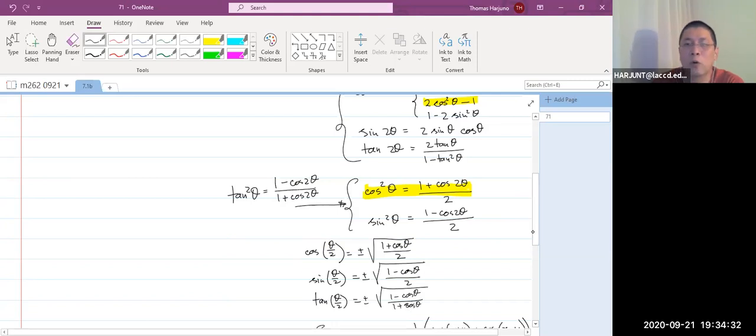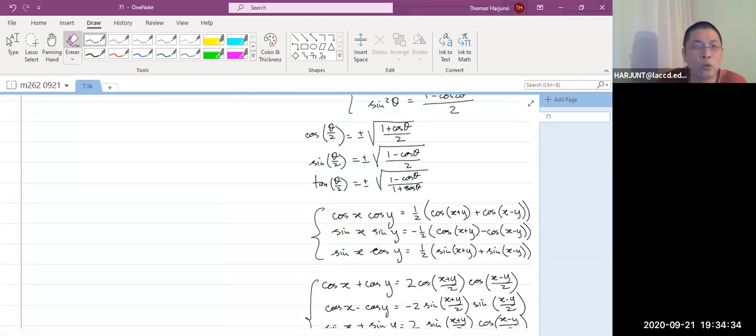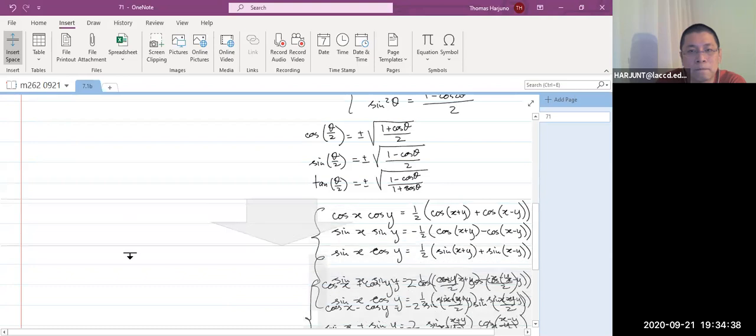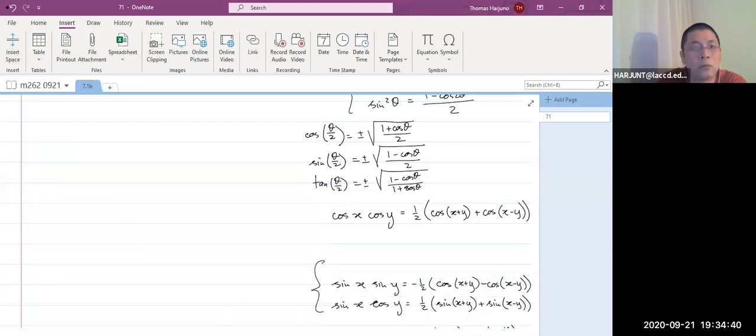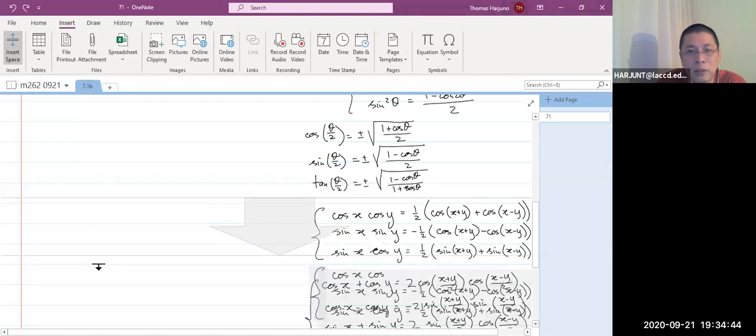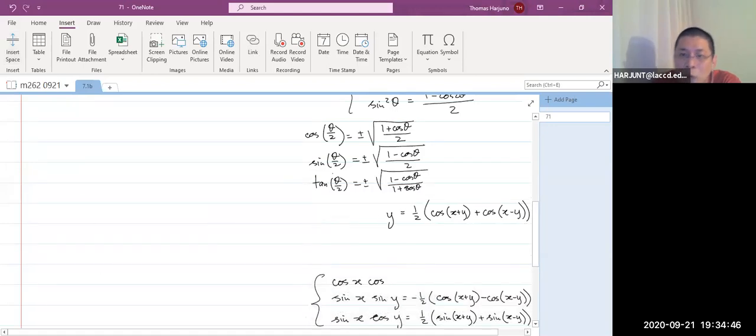But there are more formulas for tangent. There are 2 more variations. Oh, what happened? Why doesn't it move? Give me a second.